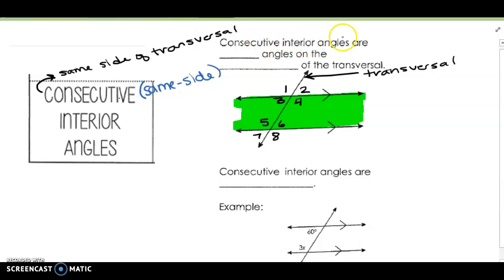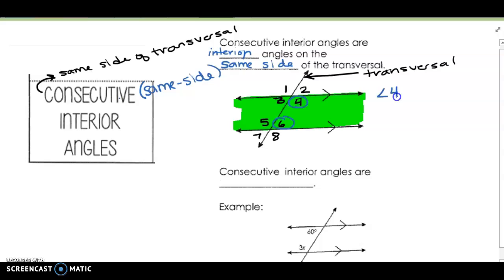So consecutive interior angles are interior angles or between the two parallel lines. Interior angles on the same side of the transversal. Okay, so I'm going to label one pair. So 4 is on the interior and the other one on the interior on the same side of the transversal would be 6.